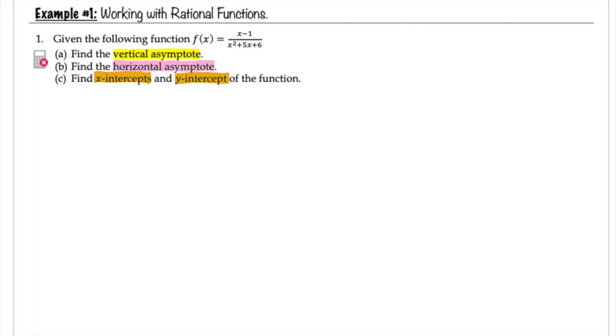To find the vertical asymptote and the horizontal asymptote, whenever you are given a rational function, you have to look at the numerator and the denominator and ask yourself if you can factor it. So I am going to factor the denominator.